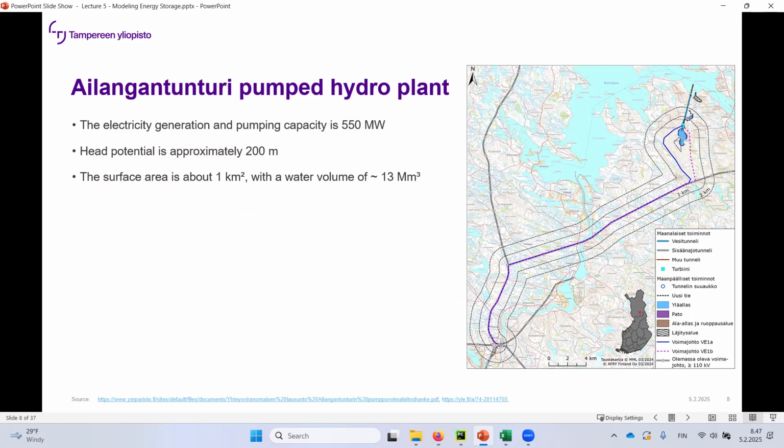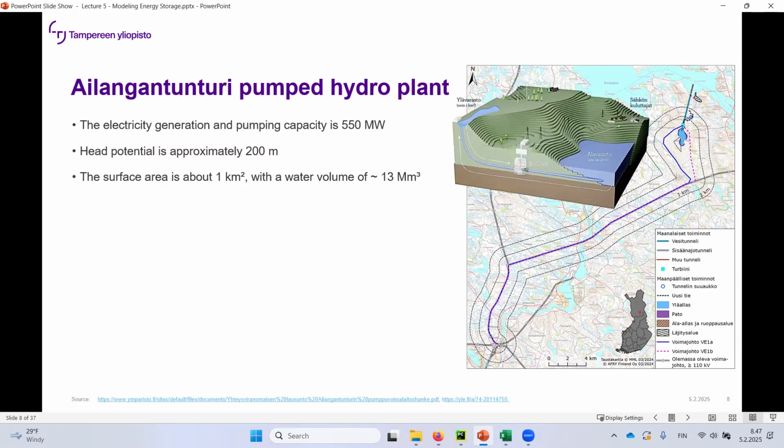So surface area about 1 square kilometer, water volume 13 million cubic meters. You can see the structure of the system in here. There's the upper reservoir and the lower reservoir, and there's the turbine in between. It's not exactly that simple, but that's the principle. A lot of rock excavation has to be done.